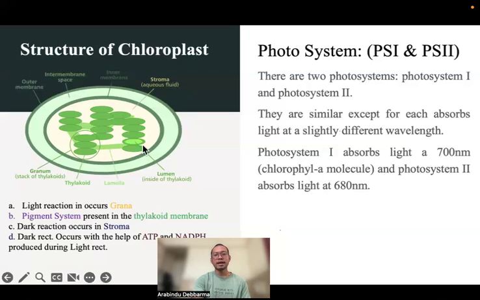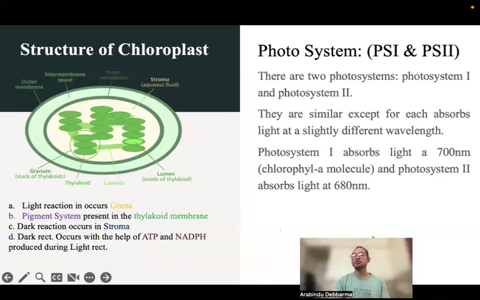The grana are connected by the lamella, and photosynthesis also occurs here, where only photosystem 1 is present. So what we can find in the structure of the chloroplast is that the light reaction occurs in the grana. The pigment system is present in the thylakoid membrane, and the dark reaction mainly occurs in the stroma.